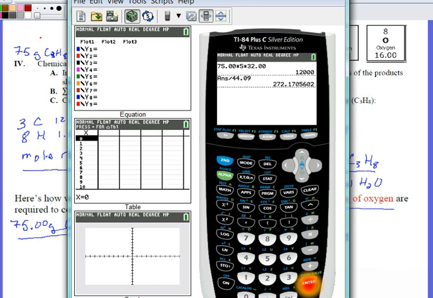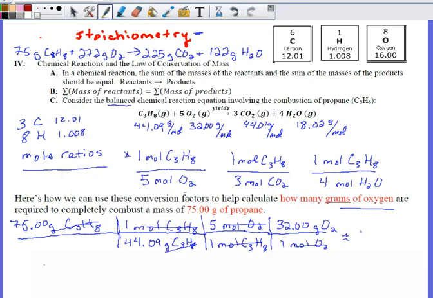And you get 272.2, so to 4 sig figs, approximate that as 272.2 grams of O2. Which, if you look up here, is about what that was. So very good. So that's how you would get to that part.